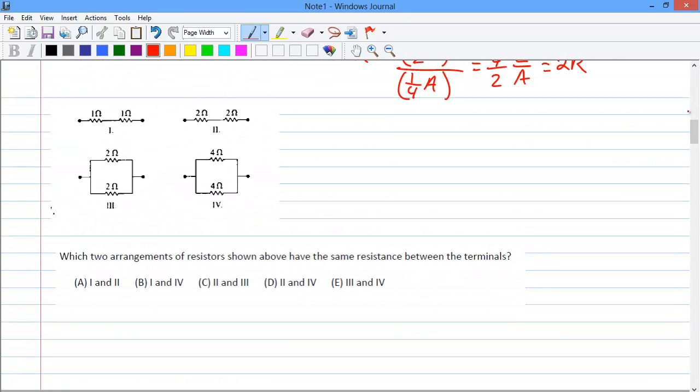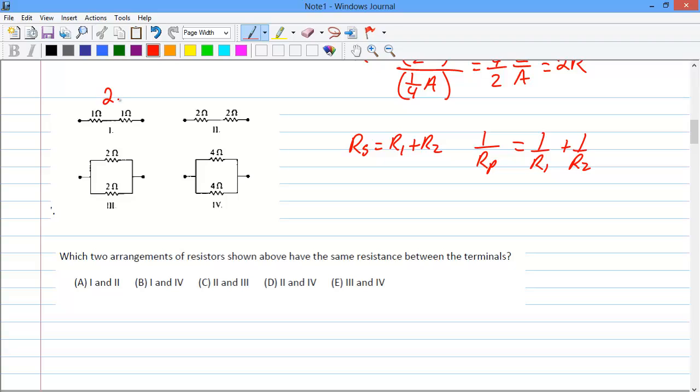Which of the two arrangements of resistors shown above have the same resistance between the terminals? So all we have to do is calculate it out here. When they're in series, I can just add them up. When they're parallel, it's the reciprocals that we add.